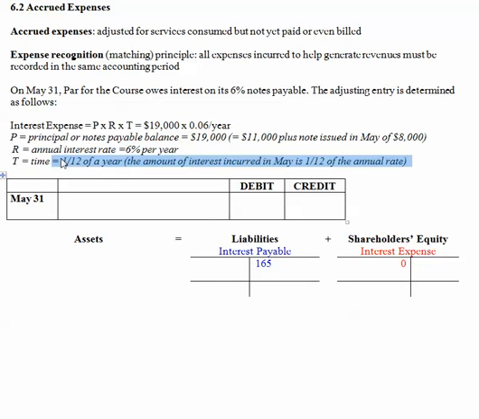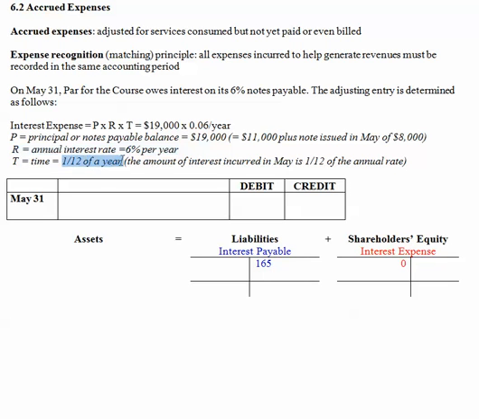And here's the thing with the time. We don't want to record a whole year if a whole year hasn't gone by since we've last done our adjusting entries. And in this case, we're doing monthly financial statements. So we're making an adjusting entry for the month of May. So we don't want to record a whole year's worth of interest.